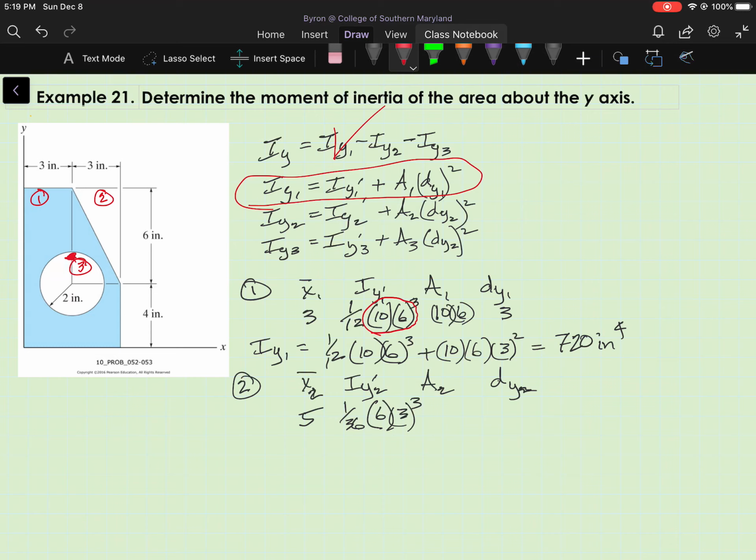Okay, so in this case, for the triangular area, we're taking the moment of inertia about, I'll draw it in a different color here, about a vertical axis going through its centroid. We said its centroid is out here at x equals 5.